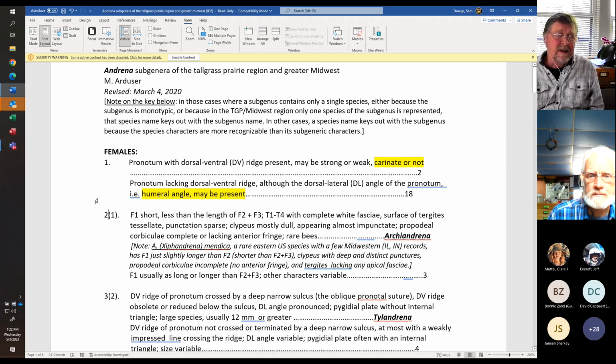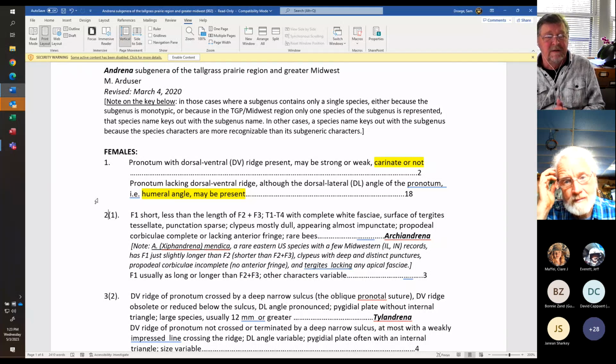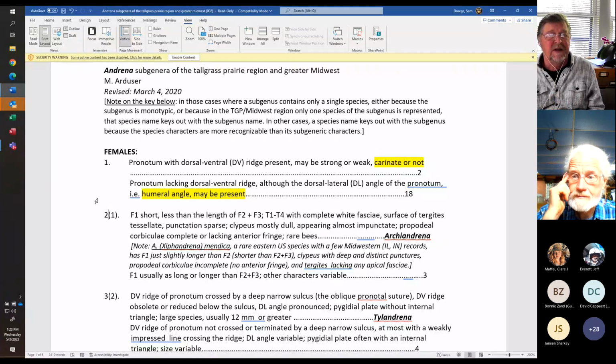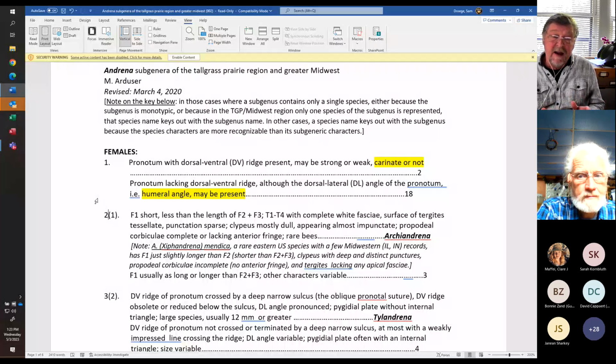Yeah, a carina is a sharp edge, basically, or an edge, maybe not necessarily sharp, but usually. But sometimes the dorsiventral ridge on the pronotum is a ridge, but it's more of a rounded ridge. So at one extreme, you've got a very sharp, pronounced edge, and that's pretty obvious in almost any lighting. Then at the other extreme is a ridge that's subtle, but it's there, but it's not marked by a strong central ridge. And then there's things in between.